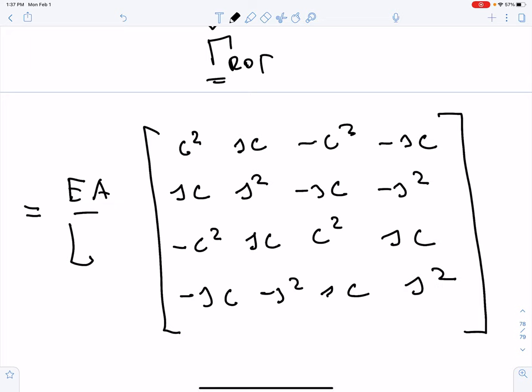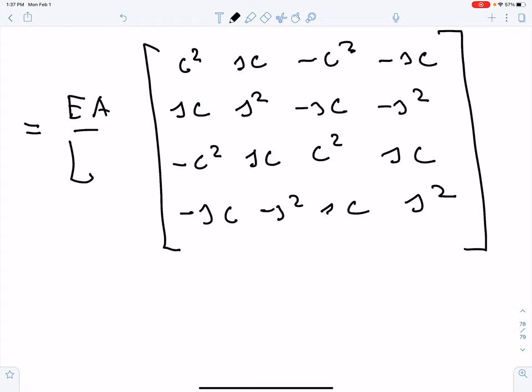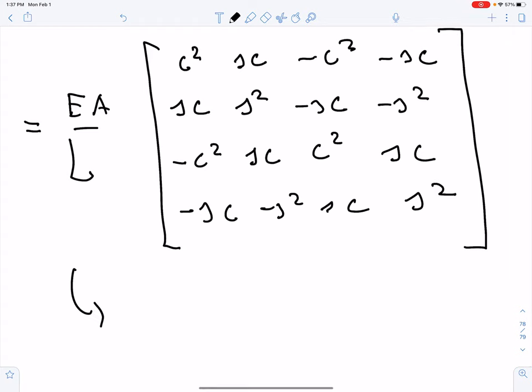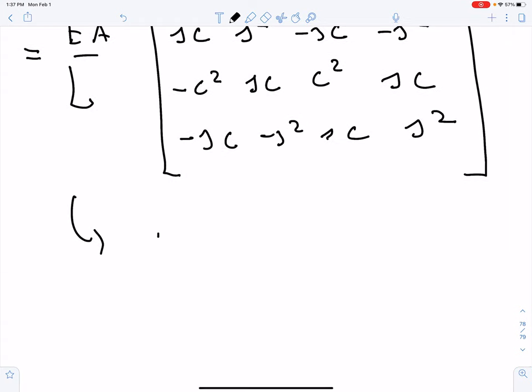Okay, so that's the structure that you get.